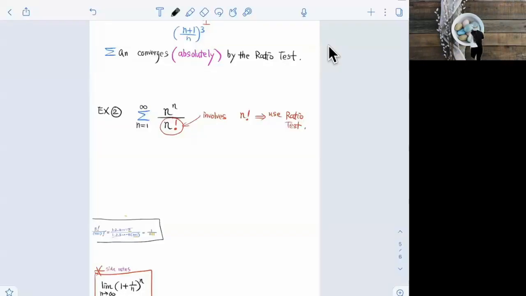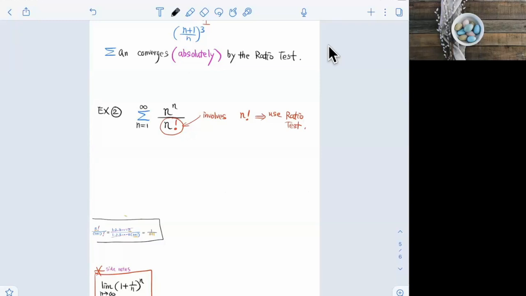Over here, we replace the n by n+1, so we get a_{n+1}, and then times the reciprocal of a_n, so n factorial on top and the n power down here. After that, let's regroup.